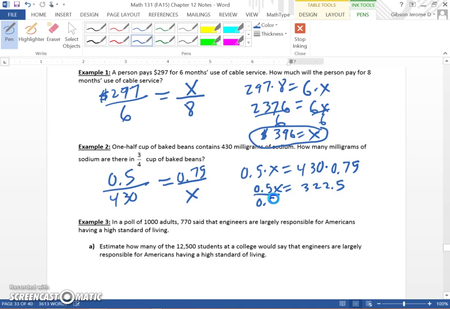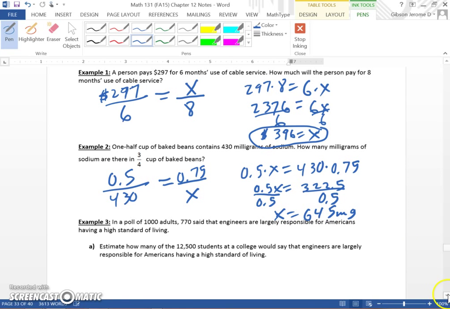We divide each side by 0.5. And then we will have x is equal to 645 milligrams. And that will be your final answer: x equals 645 milligrams.